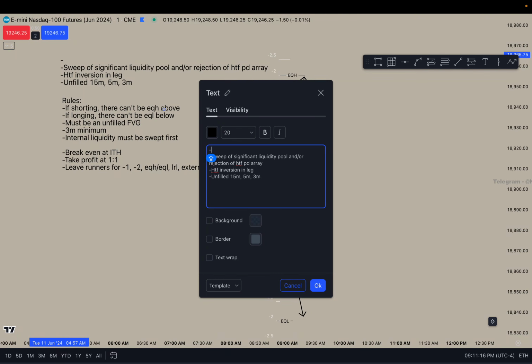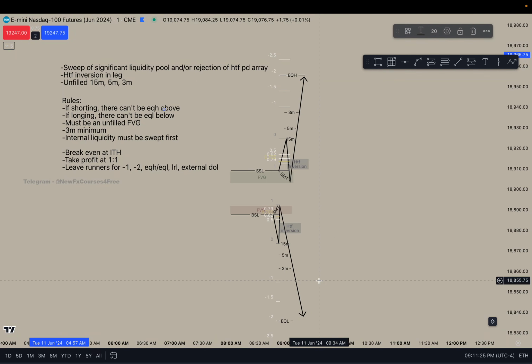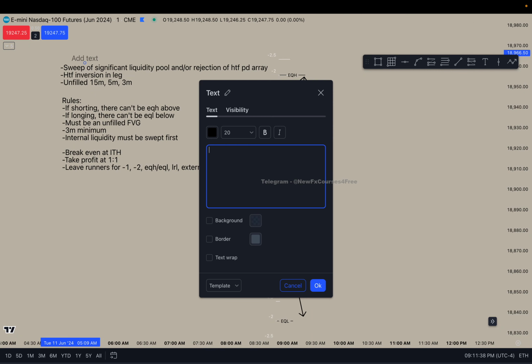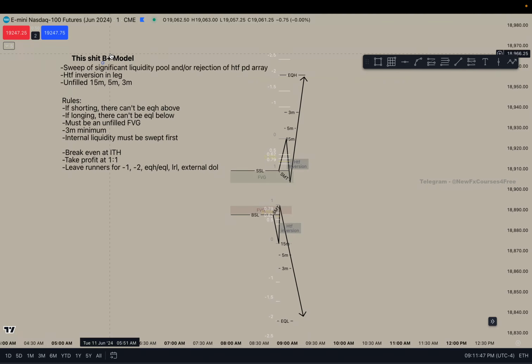I like this a lot. Yo, that's crazy. All right, bro, I'm just gonna name it Blake's model. I'll come up with a name for it tonight. We'll think. This B plus model, that's the model.